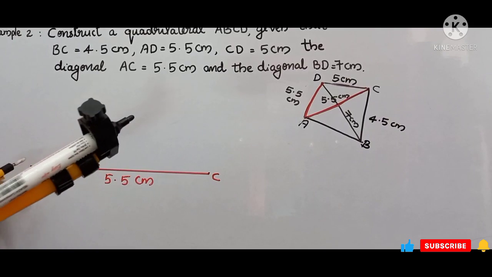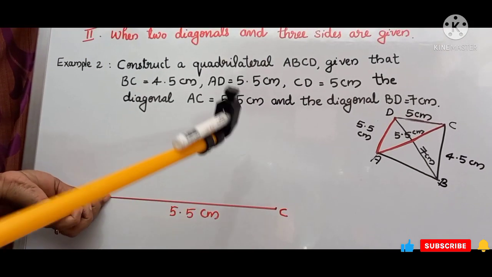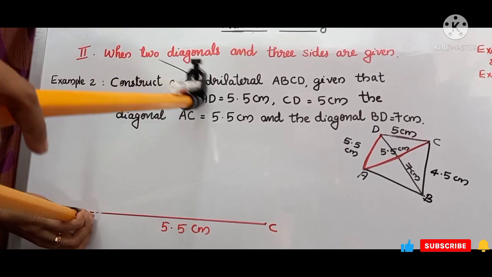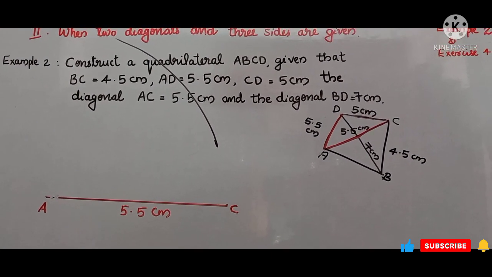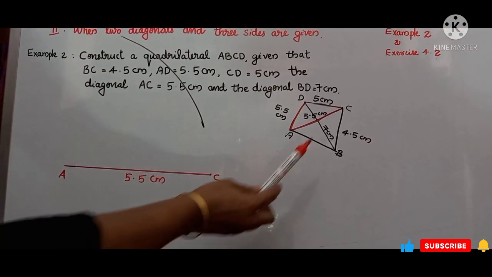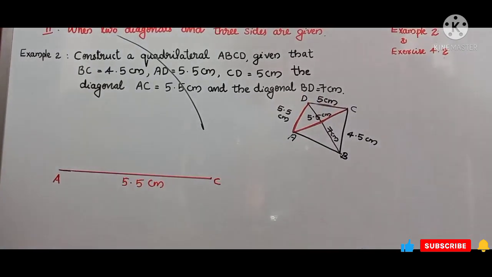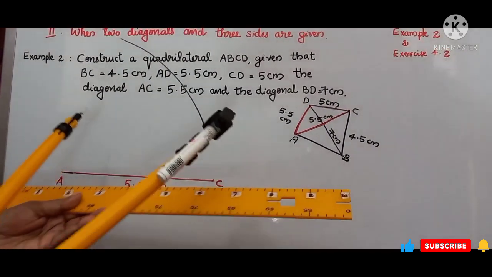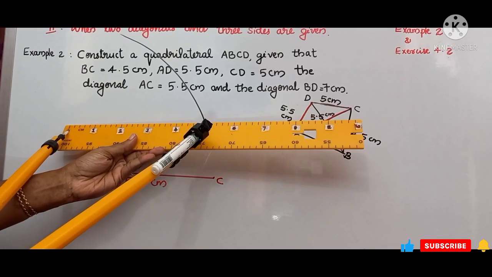So point our compass on A and draw an arc on the upper part. Then D is 5 centimeter away from C. So we have to adjust our compass width 5 centimeter on our ruler.